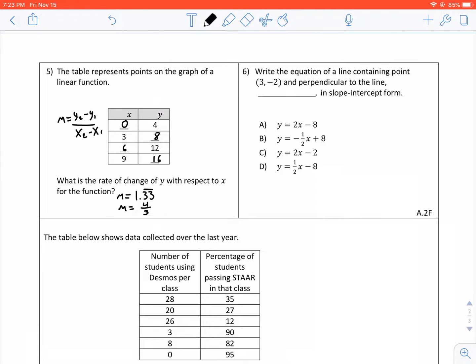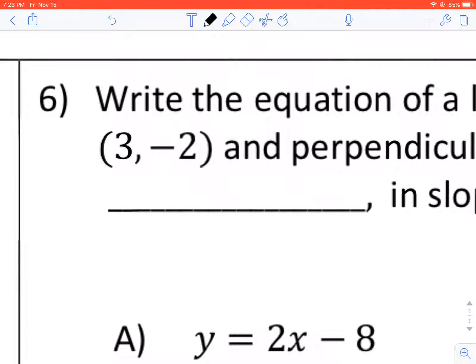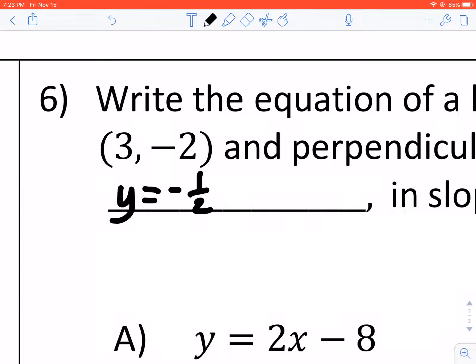Moving on to number 6. We have, write the equation of a line containing the point 3, negative 2, and perpendicular to the line. Now the line that they want us to write in here is actually y is equal to negative 1 over 2 x plus 6.